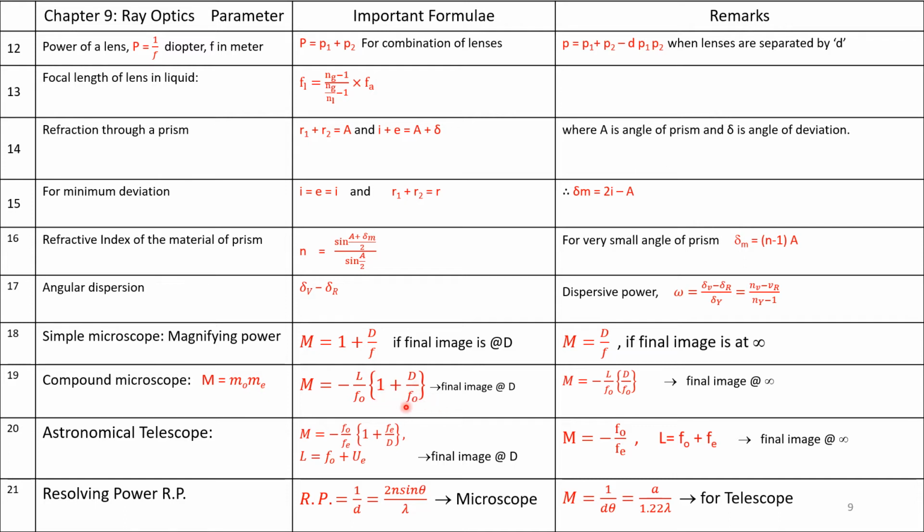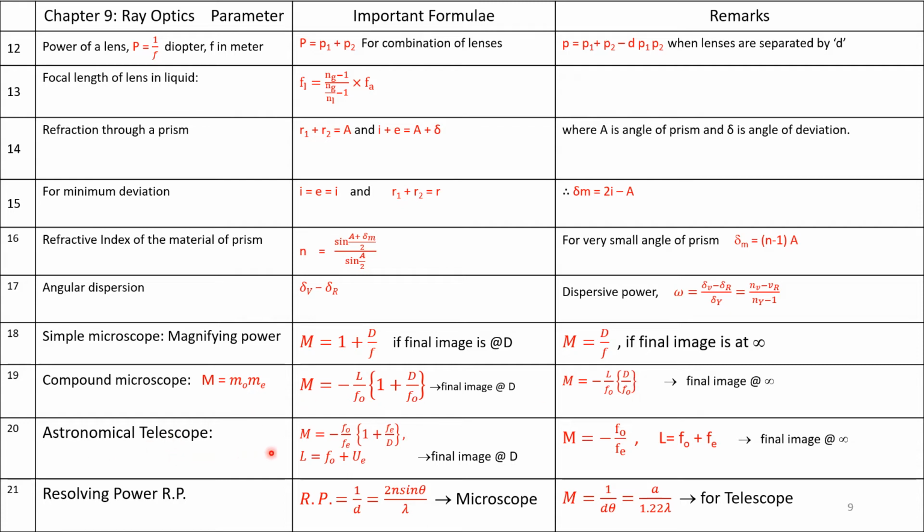This formula holds good when the final image is at a distance D. If the final image is at infinity, the formula simplifies to M is equal to minus L by Fo into D by Fe.